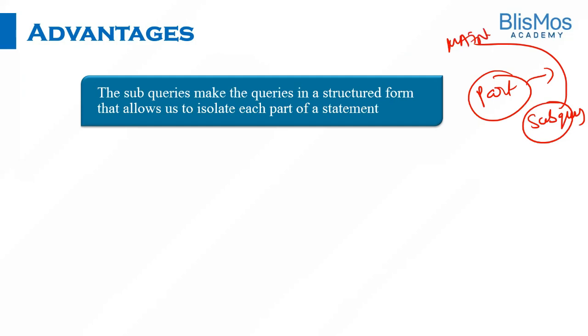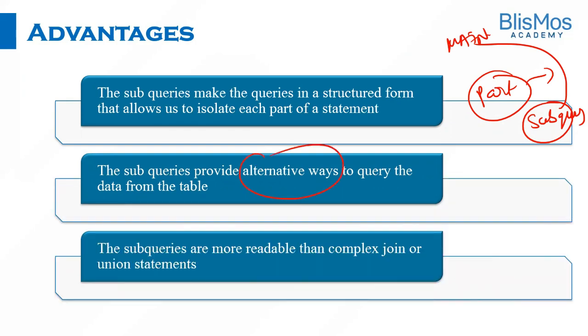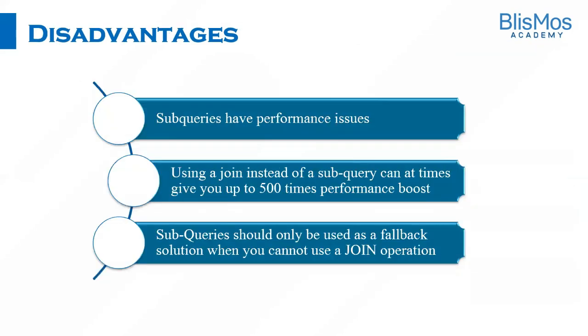That is one of the important advantages. Subqueries do provide alternative ways to query the data from the table. Obviously, by looking at the subqueries, you'd have realized subqueries are more readable than complex joins or union statements.